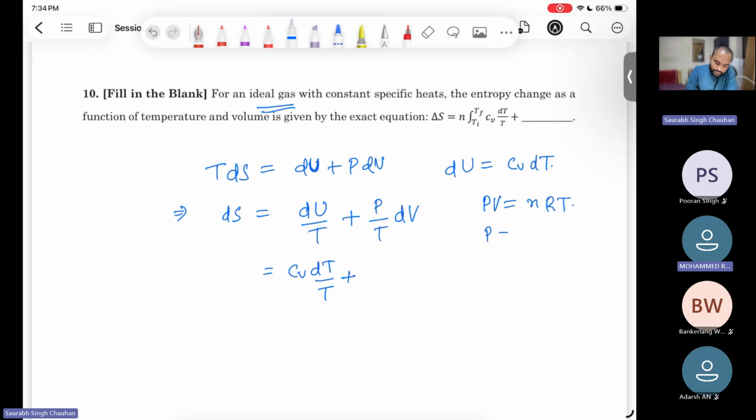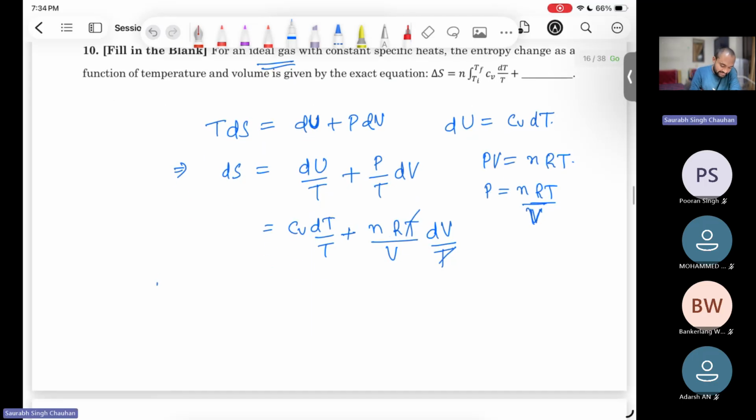Yes, you can write P is equal to nRT by V. Then dV by T, so the T will cancel out.